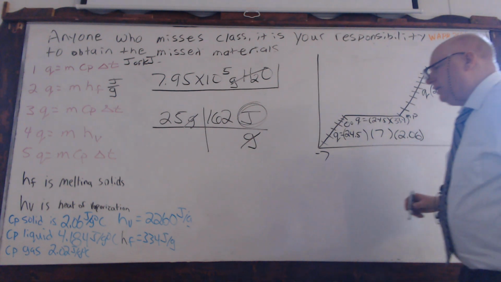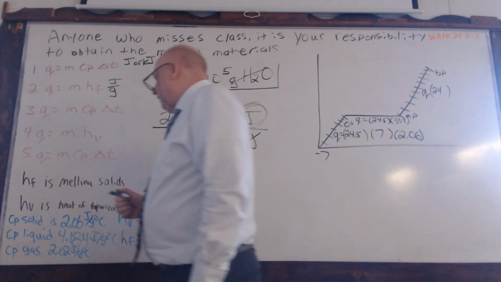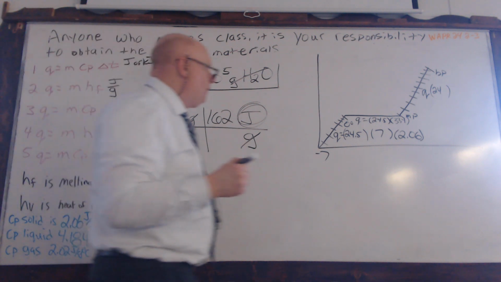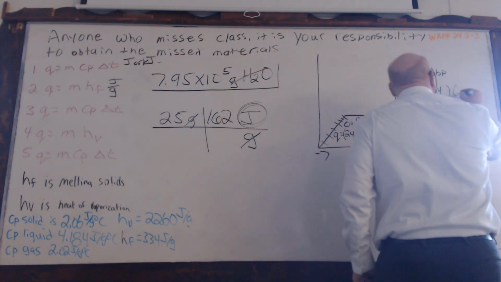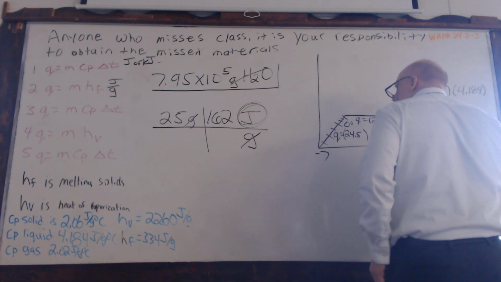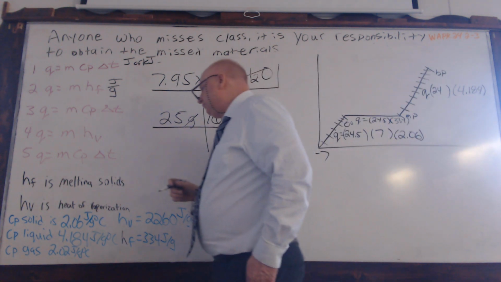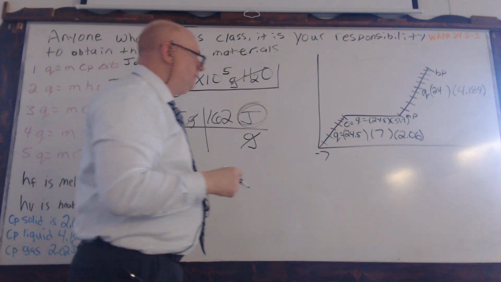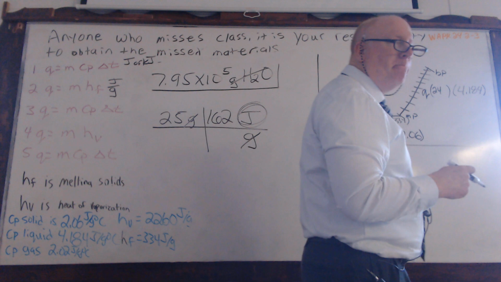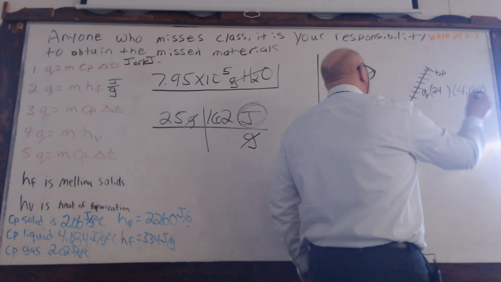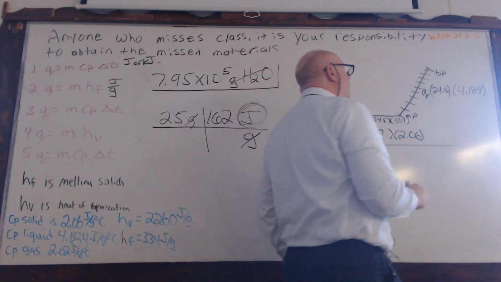Then what is the specific heat for liquid water? 4.184. Okay. It is. Why, it's going to be 100 then? Oh, well, okay. 24.5. Okay?